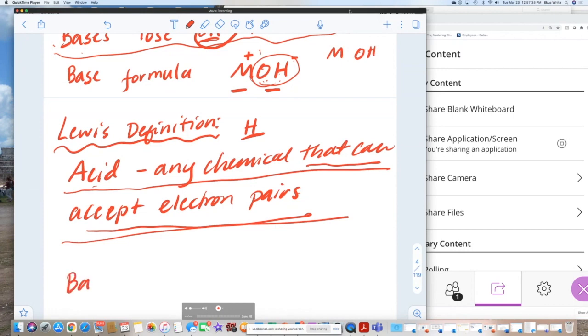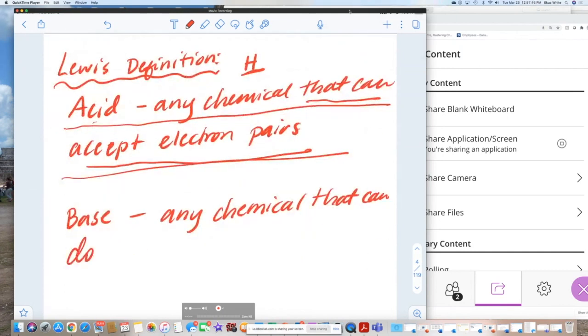And then the base is any chemical that can donate electron pairs. Okay? So you're looking for proof. You're making a judgment, not really like being a judge, but like being an inspector. You're going to inspect the chemical.